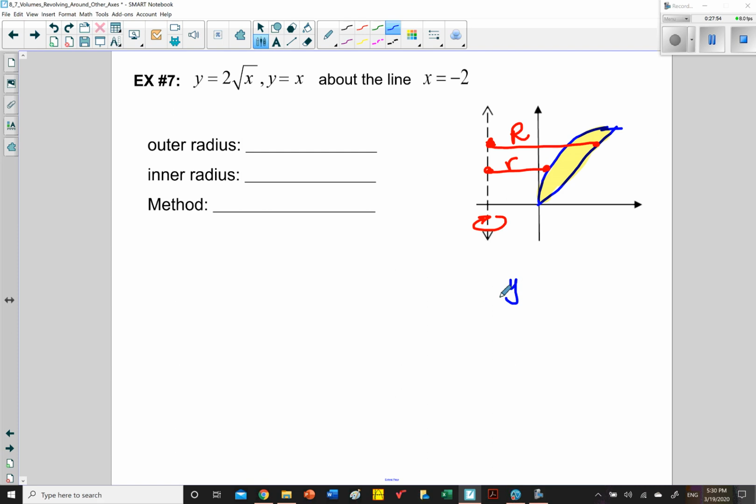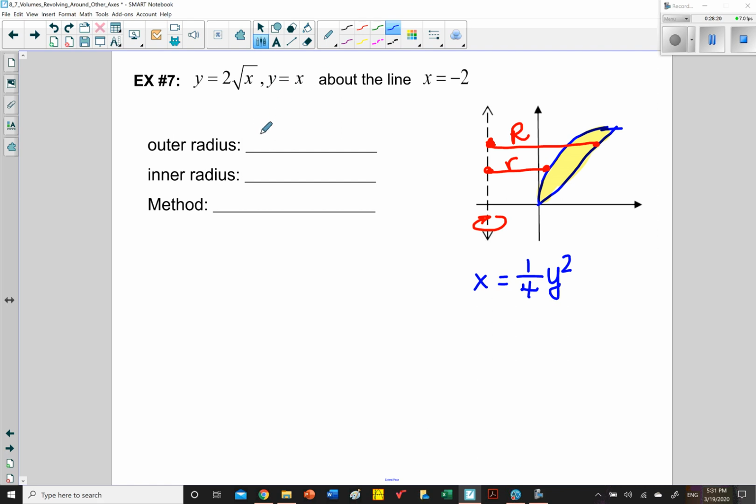Y over 2 is y over 2 squared. I'm solving this in my head, so that's 1/4 y squared is 1x, and the other x is just y.